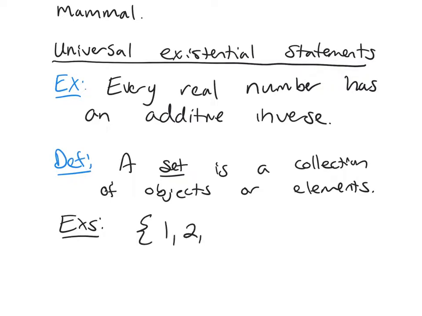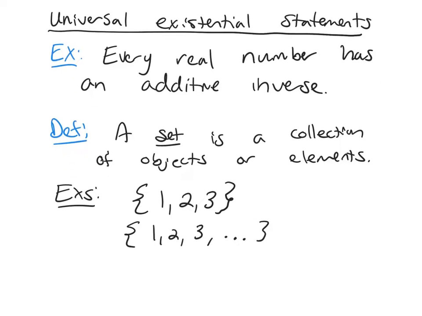So for example, 1, 2, 3. So this is a set that has 3 objects and those objects are the numbers 1, 2, and 3. This is a finite set and has a finite number of elements, but you could also have a set 1, 2, 3, dot, dot, dot, and that just means it keeps going on forever and ever. So there's an infinite number of elements in here.